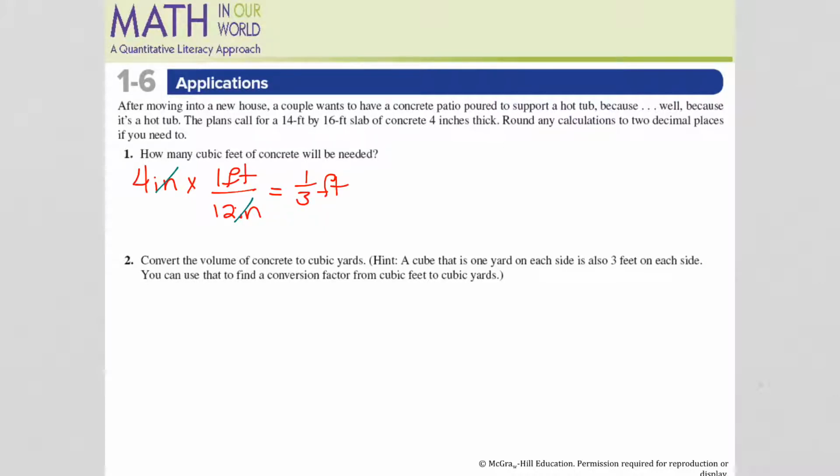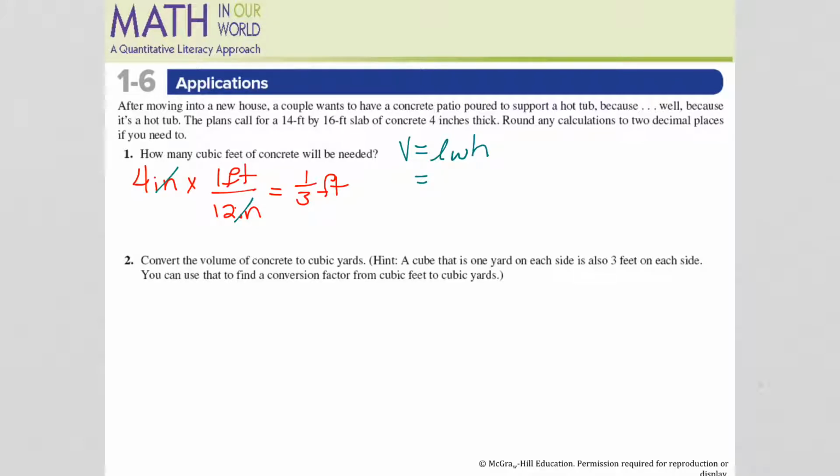Well, remember, now we've got everything in feet, okay? Remember that volume is length times width times height, because it says how many cubic feet of concrete. So we need all that size there. It's like filling up a rectangular area.